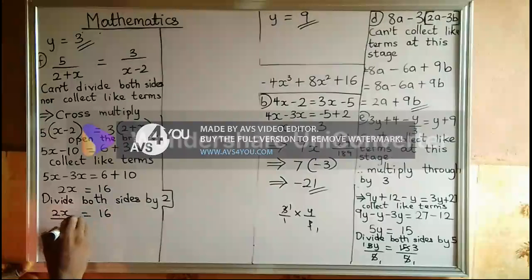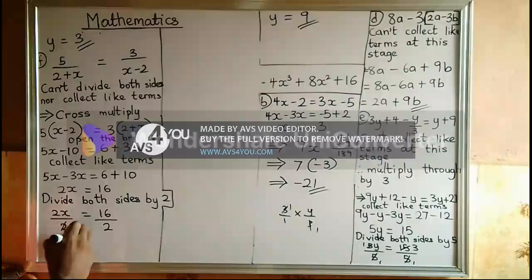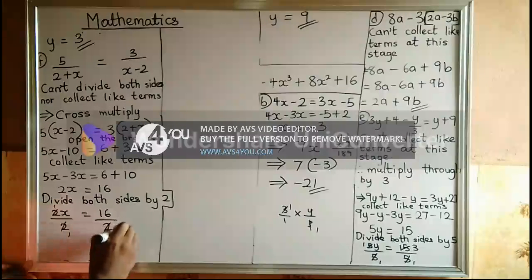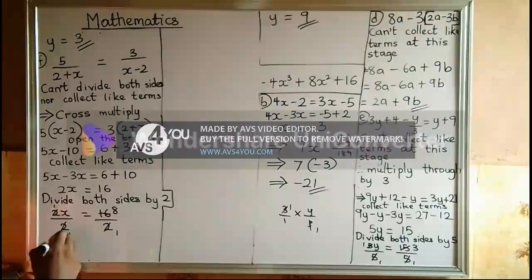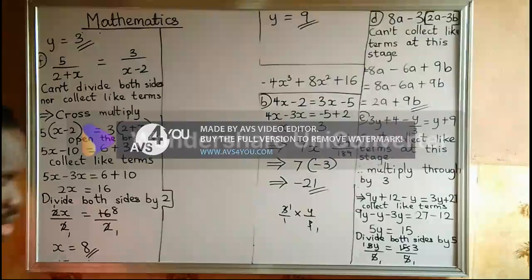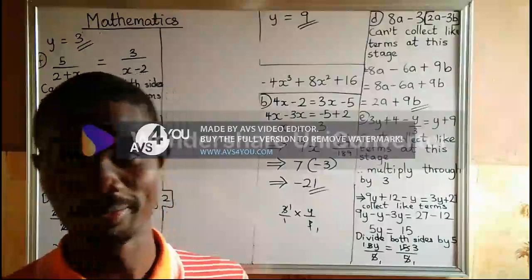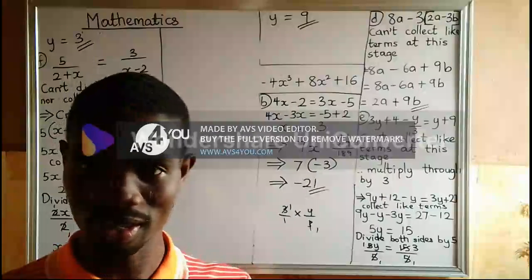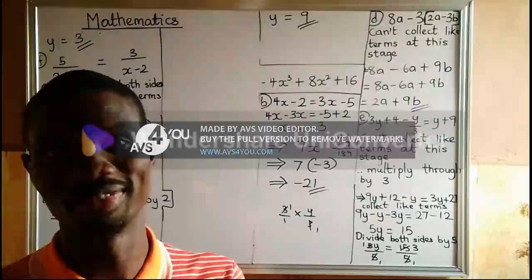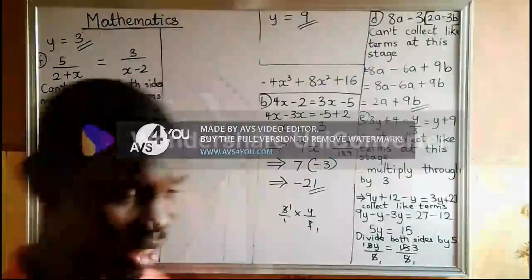So the first side divided by 2, the second side also divided by 2. 2 here 1, 2 here 1, 2 in 16 is 8, and our final answer is 8. So x equals 8. And that's the end of today's lesson of collecting the like terms. I hope you understand.